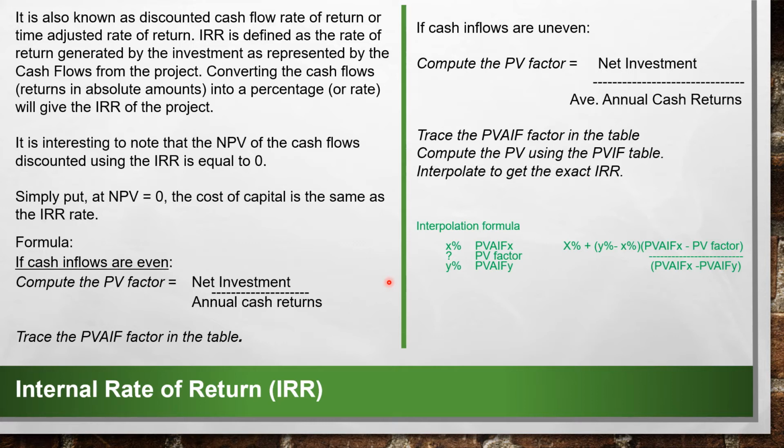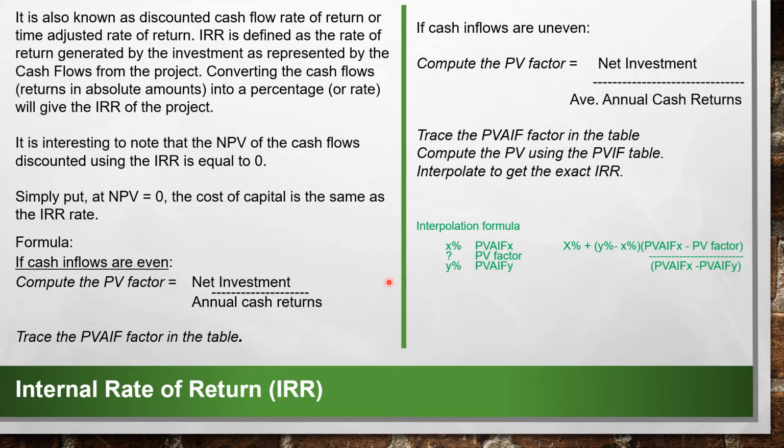So converting the cash flows, returns, and absolute amounts into a percentage. This will give the IRR of the project. It is interesting for NPV. The NPV of the cash flows using the IRR would always be equal to 0.